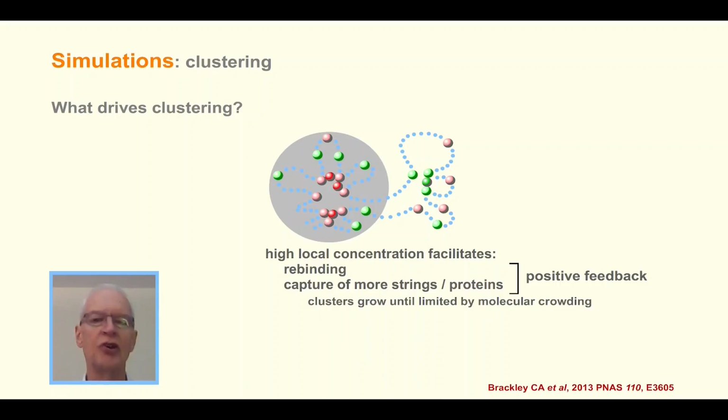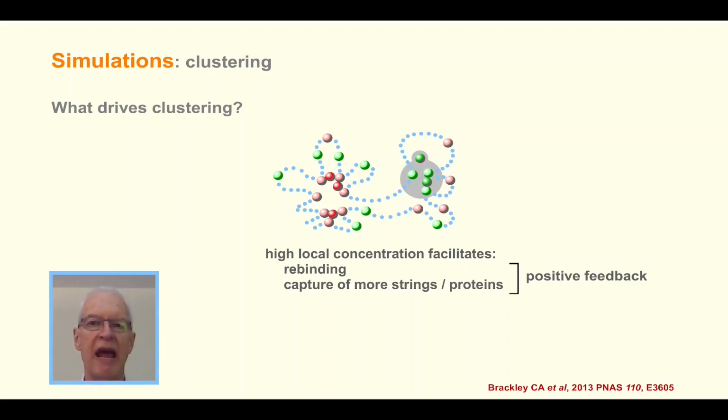And it goes on growing until the number of DNA loops within it becomes so high that it's just too crowded to add any more DNA into the local space. And growth continues until there's about 12 proteins per cluster. So this positive feedback occurs also over here.